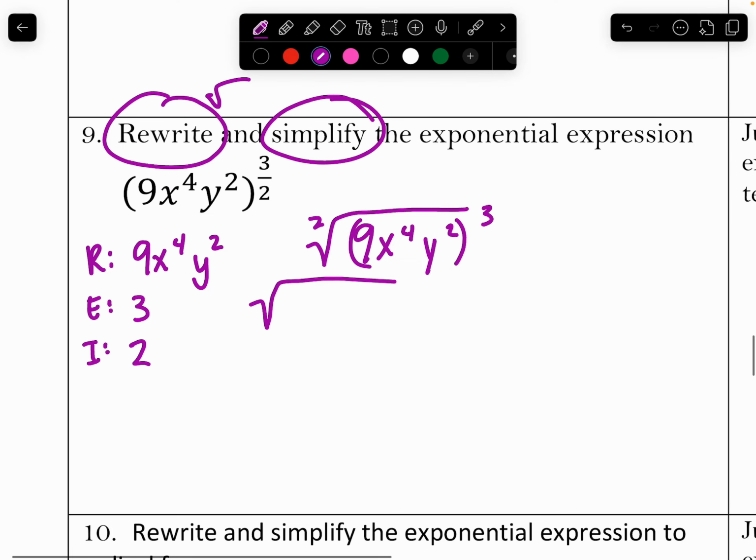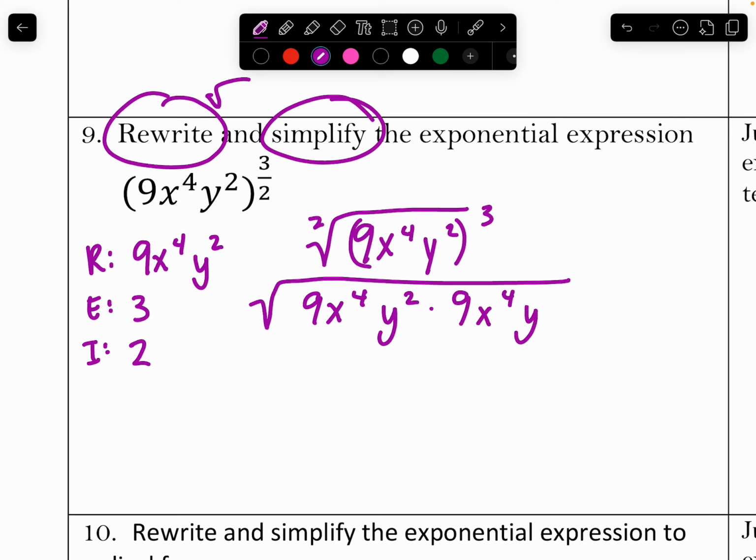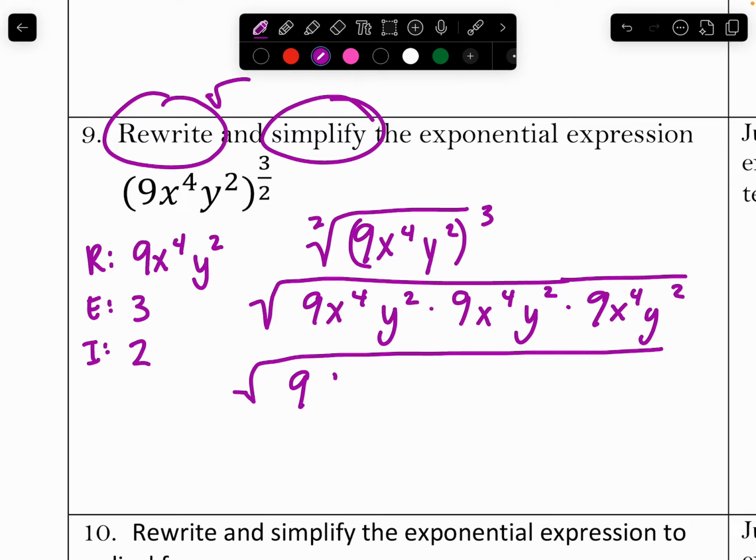Now we simplify. There's 3 pairs of each. 9x^4 y squared times 9x^4 y squared times 9x^4 y squared. And then you just rearrange it. Okay, I'm gonna save you guys time.